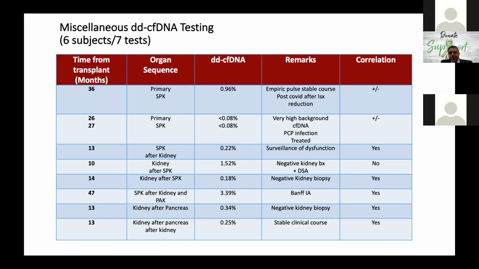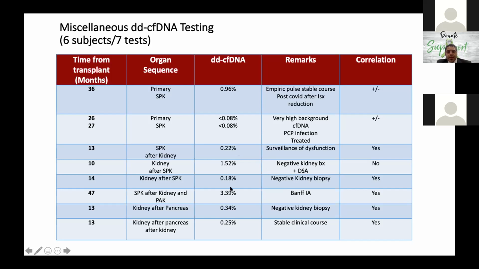So in this case, with a possible false negative test, we followed our clinical intuition and we treated the person, and we noticed resolution of the dysfunction. So this case highlights one of the shortcomings of the test.